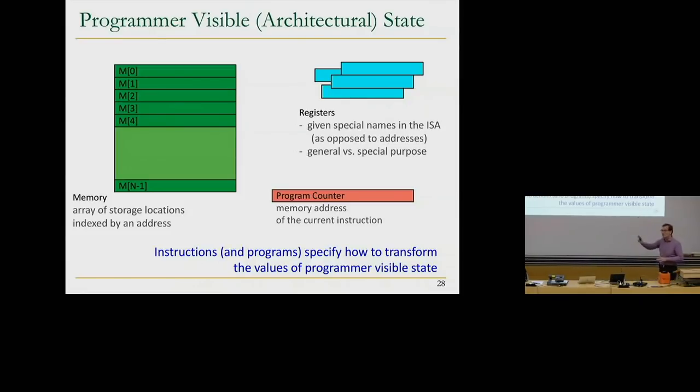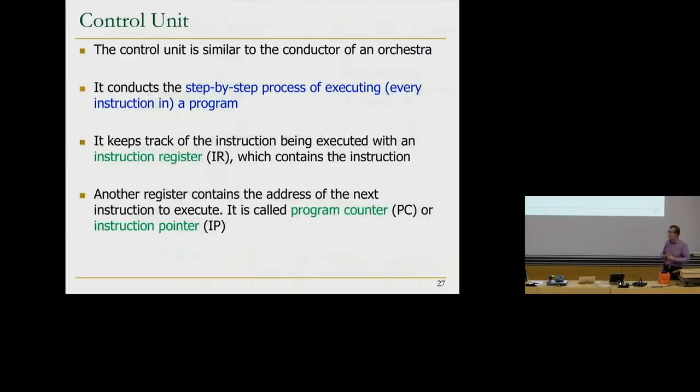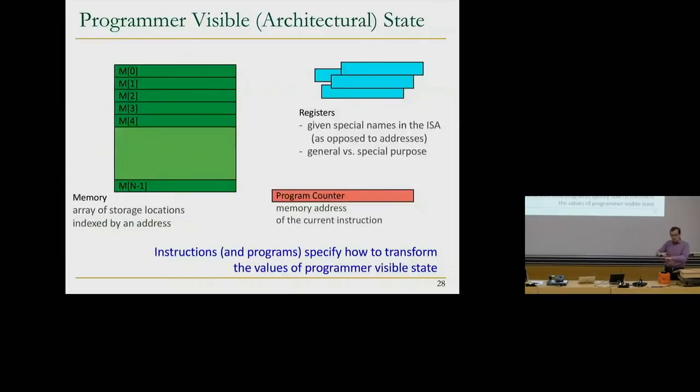But we're going to see a lot of stuff underneath that's not visible to the programmer, that ensures that what I said is done. The instruction register is one very simple example that's not visible to the programmer. It's visible only at the machine level, and the machine basically takes the program counter, indexes memory with the program counter, gets the word in that location, and places that into the instruction register.